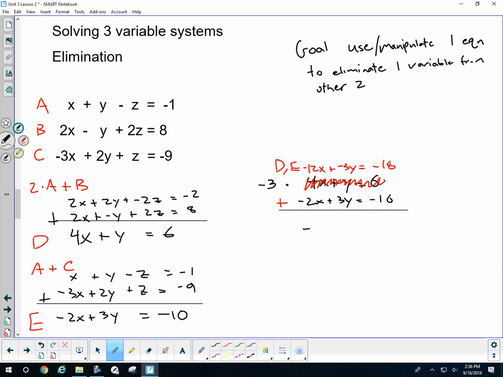To give me -14x is equal to -28. Solve for x. Once I have x, I can plug back into a previous equation and find y. Doesn't matter which one you choose.